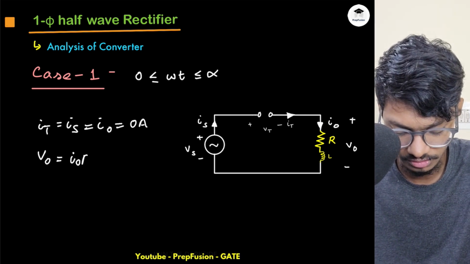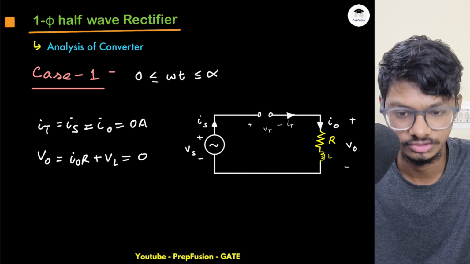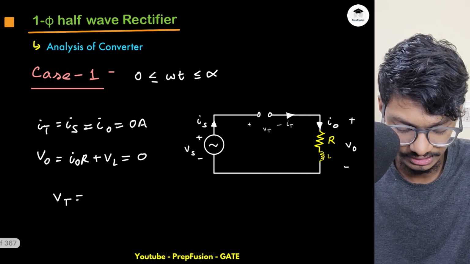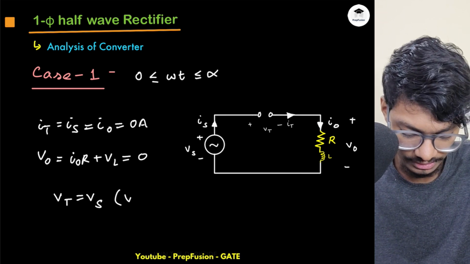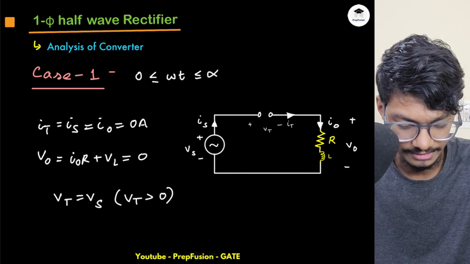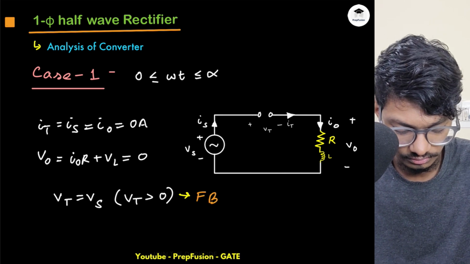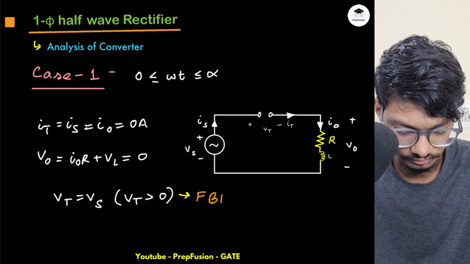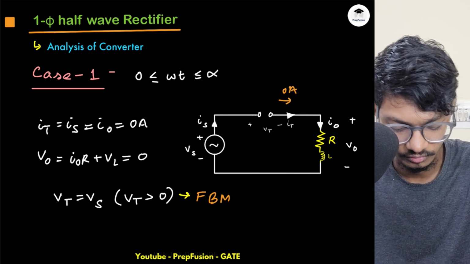VO equals IO times R plus VL, which will be 0 because VL is 0 and IO is also 0. And my VT is VS, which I already established in the previous slide. Obviously here I can observe that VT is greater than 0, hence my thyristor will be in forward blocking mode. So here it is 0 ampere.